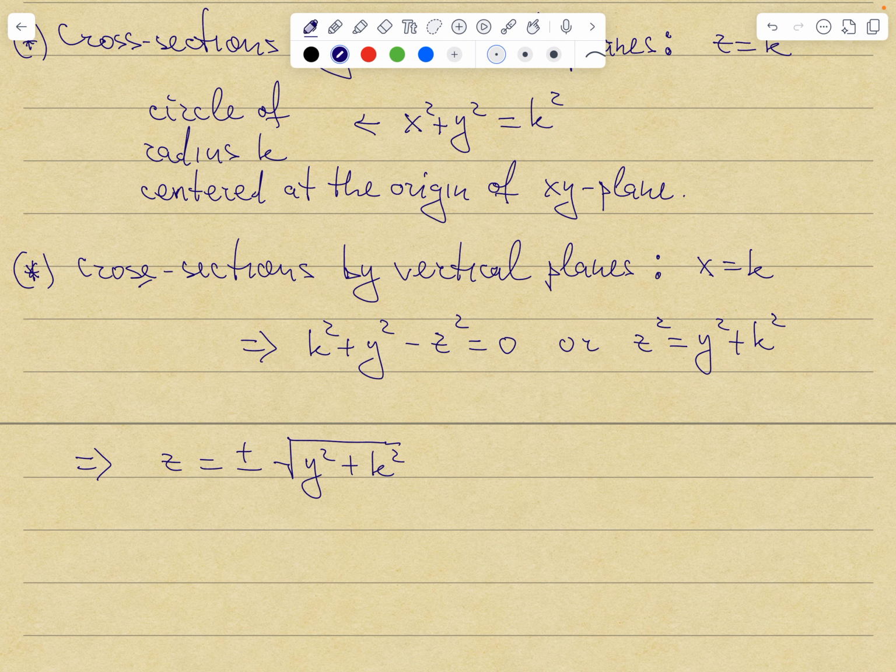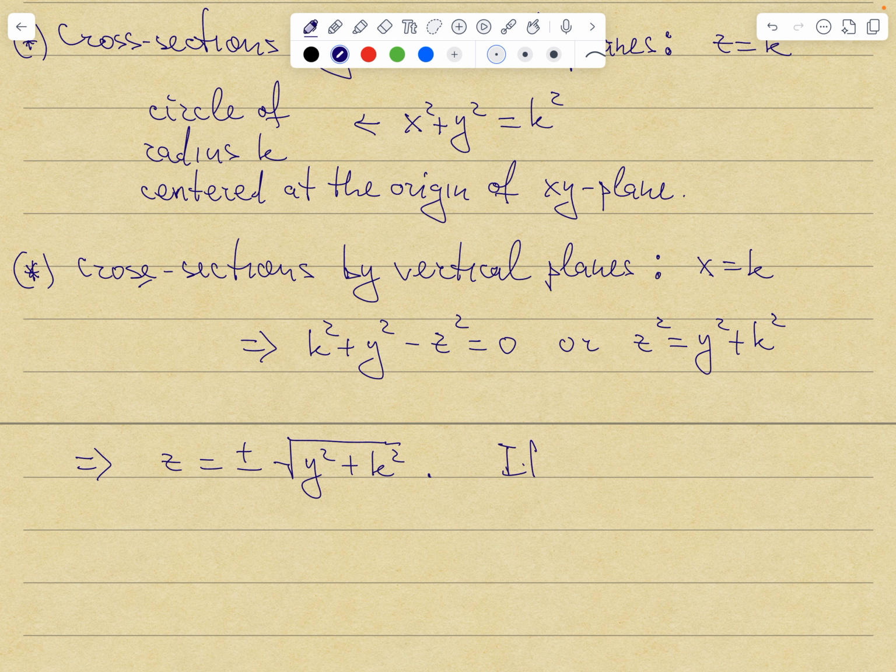Okay, what is the shape of that graph? One thing that is sort of clear is that the graph is going to have two branches. One is with positive z, and another one is with negative z. I'm going to look separately at different cases.